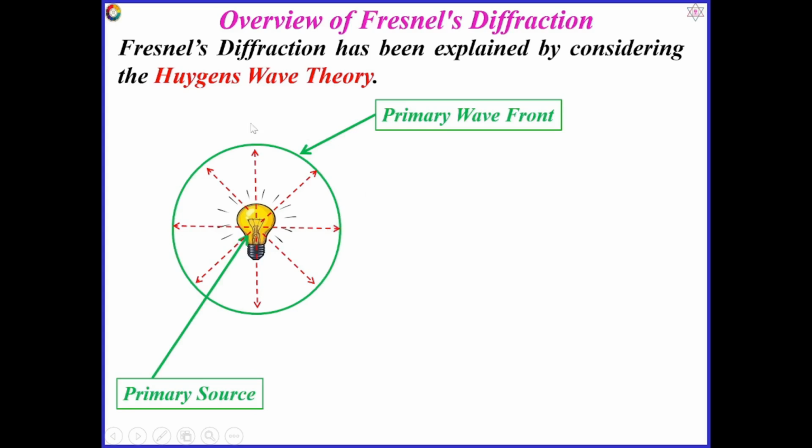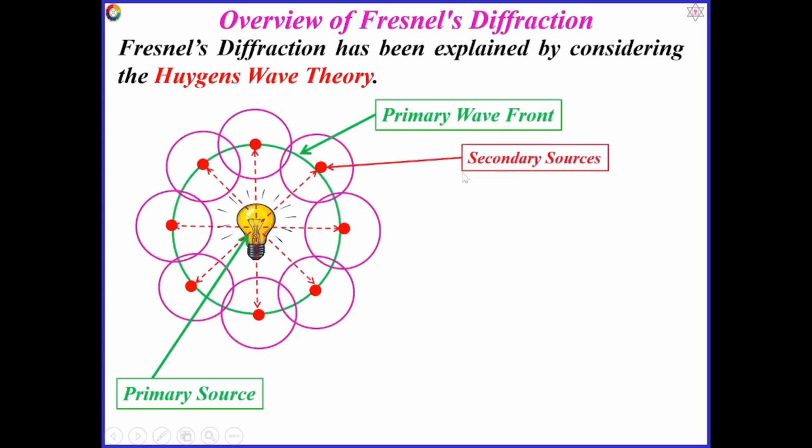Or you can say, according to Huygens wave theory, each and every point of this primary wave front is to be considered as a secondary source. This is our primary source, but each and every point on this primary wave front will be considered as a secondary source. So these are our secondary sources.